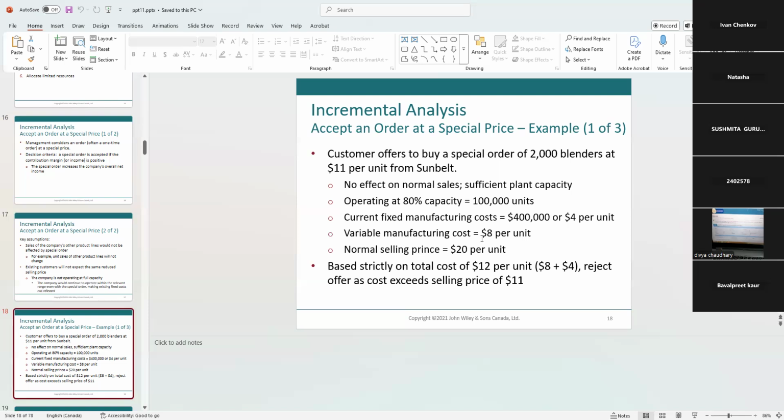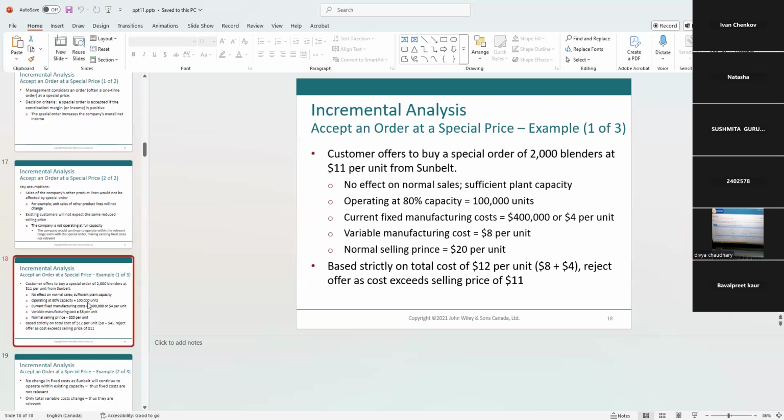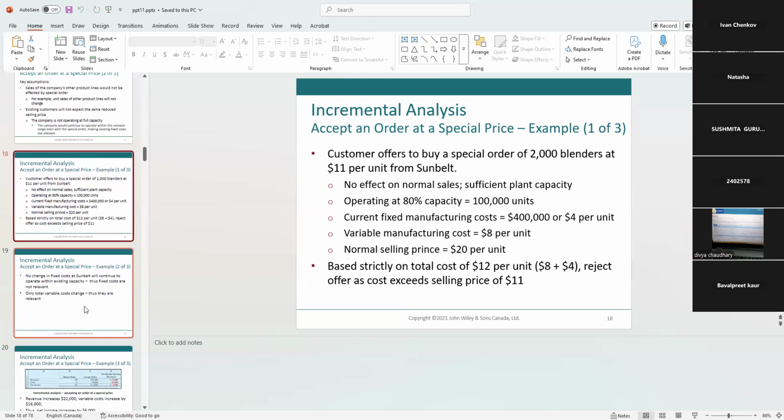So if the variable manufacturing cost is $8 and this person offers us $11, definitely we're going to generate $3 per unit. Times 2,000 blenders, that's going to give us simply $6,000 increase in our operating profit.